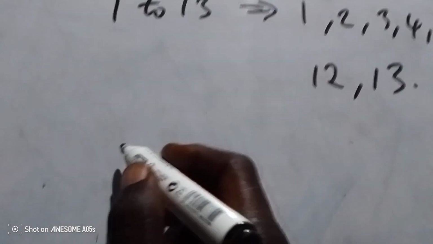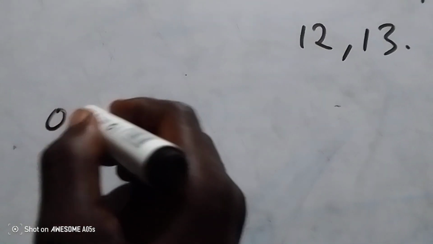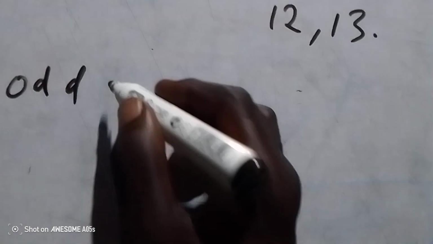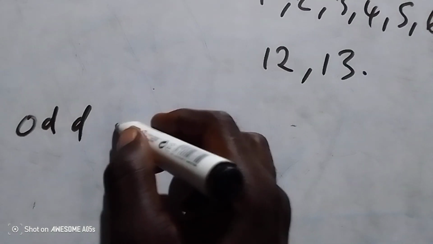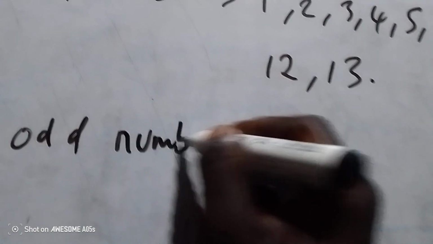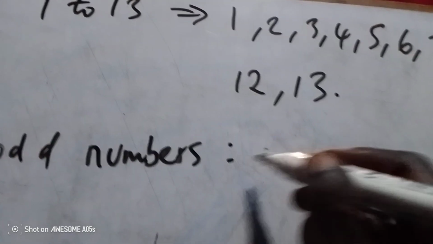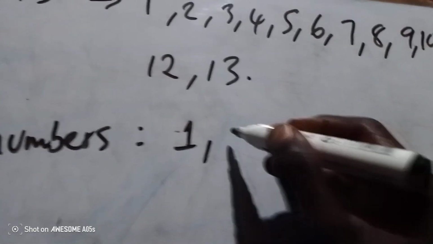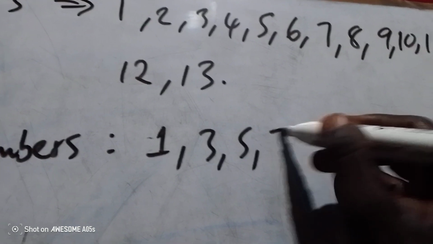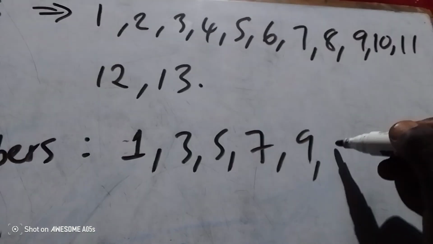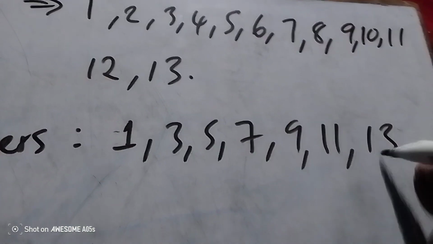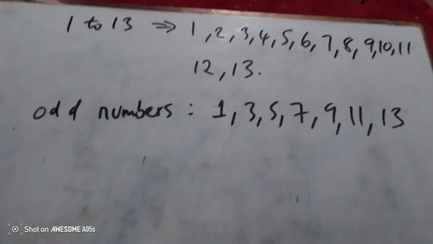Okay, so from these numbers, we have odd numbers. So the odd numbers are 1, 3, 5, 7, 9, 11 and 13.